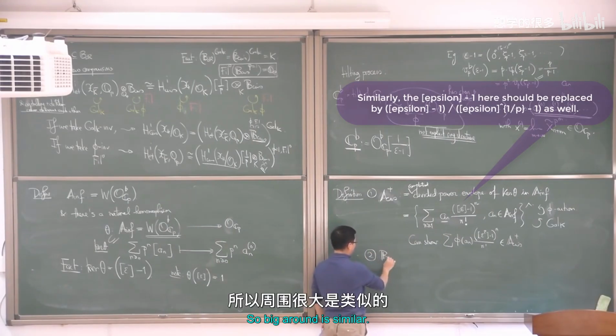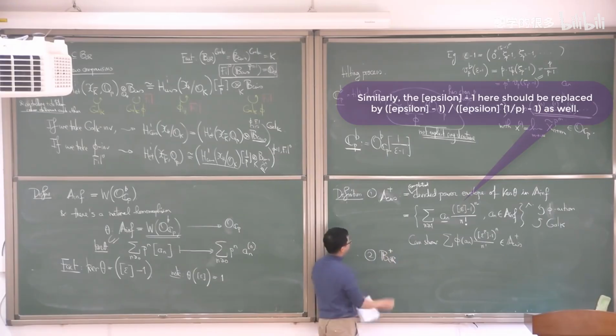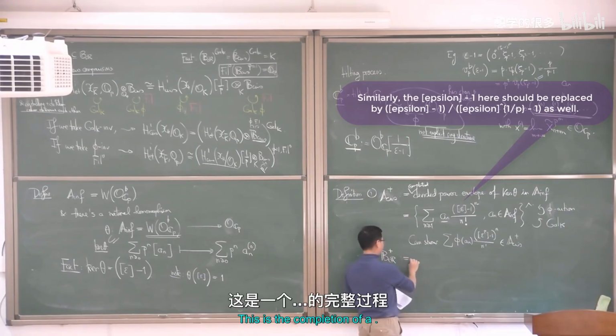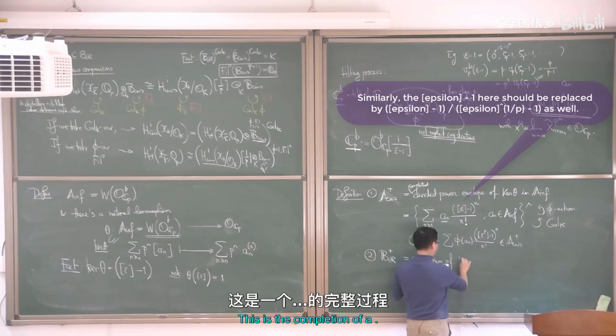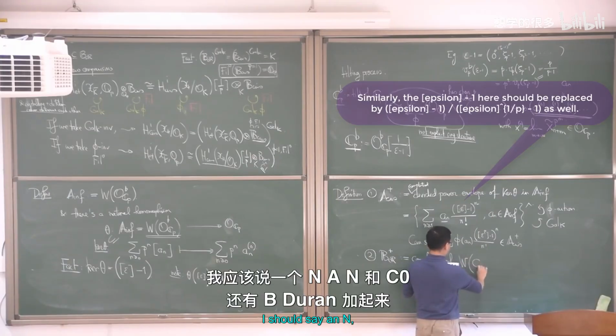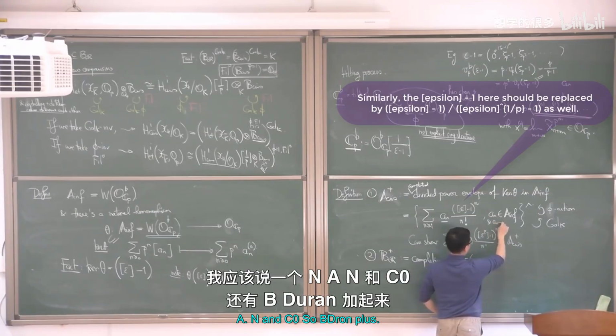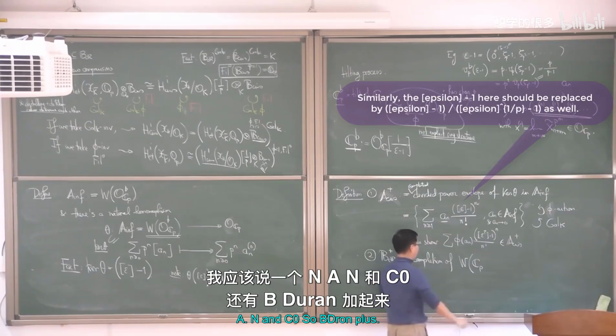So B dR plus is similar, but simpler, really. This is the completion of it. Maybe I should say n a_n goes to 0, so I don't have to write this completion for anything.